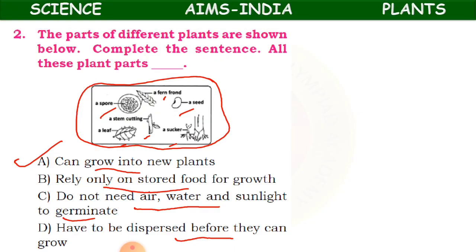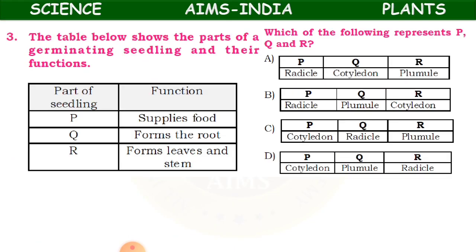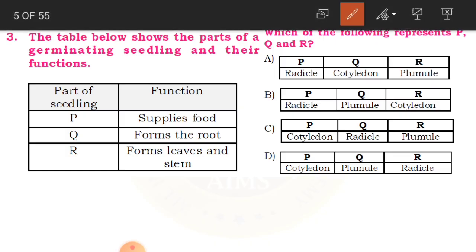Clear children? Now we'll go to the third question. The table below shows the parts of a germinating seedling and their functions. Okay, which of the following represents P, Q and R? So here children, we are having different parts here, P, Q and R. Okay, and their functions are like this, like P, what does it do? It supplies food.